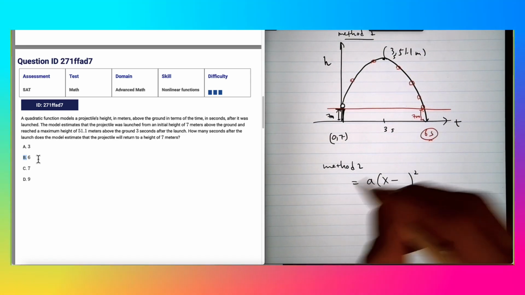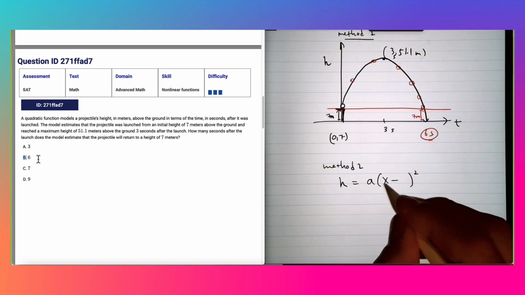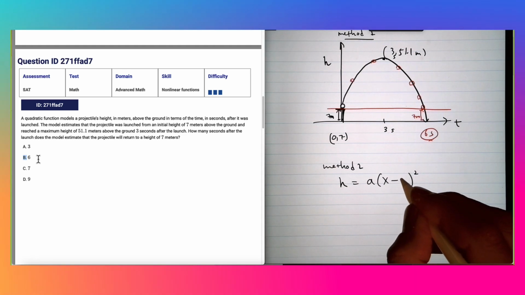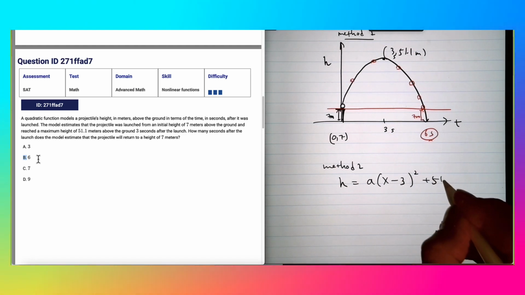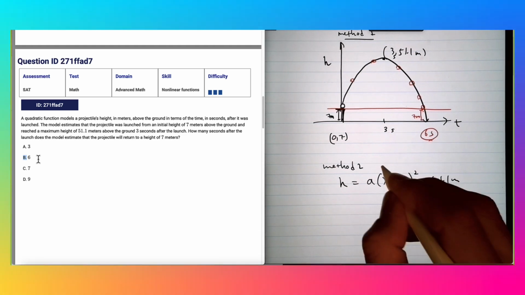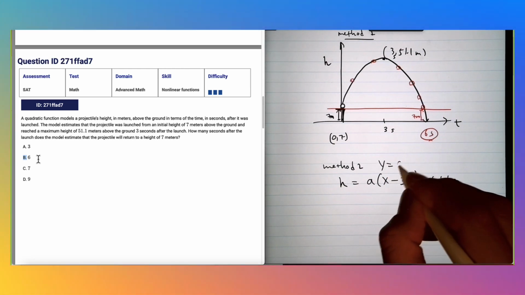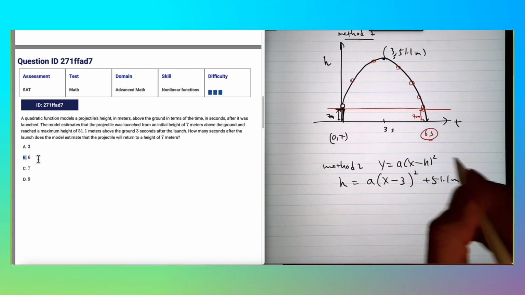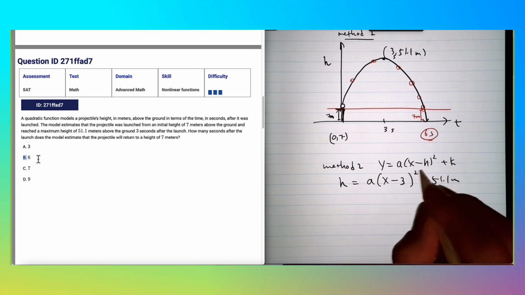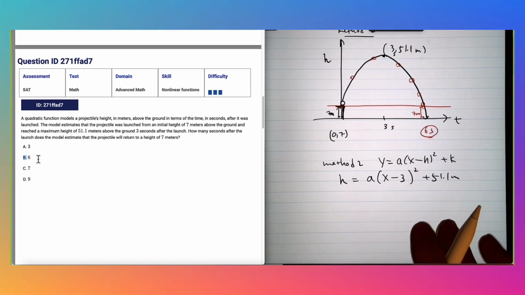Actually, if I chose h as the variable for y. So it came from y equals a(x minus h) squared plus k. Okay, that's the vertex form, the generic form.